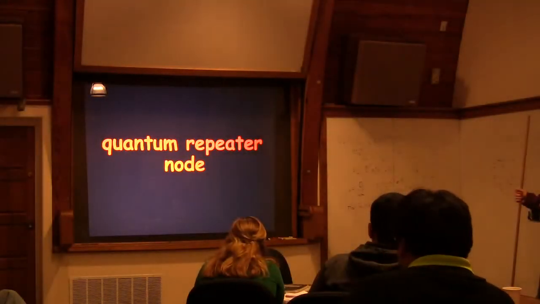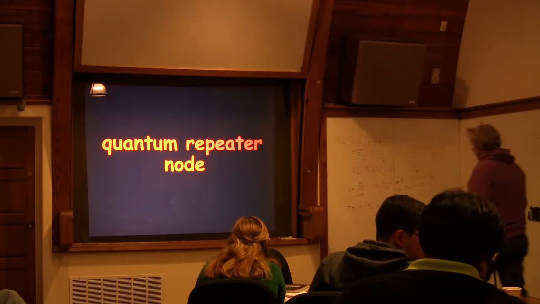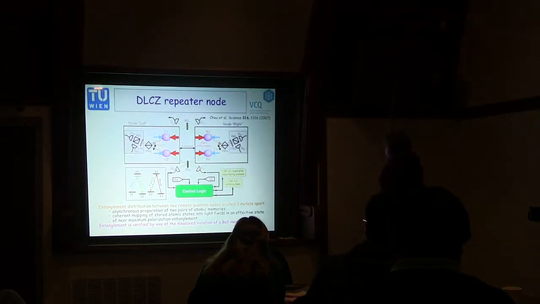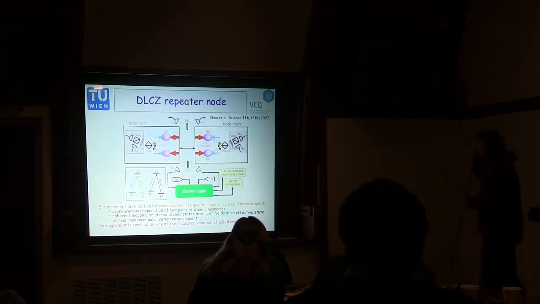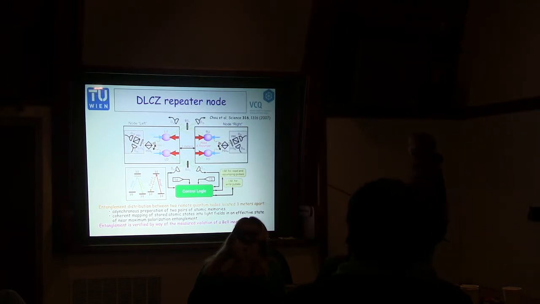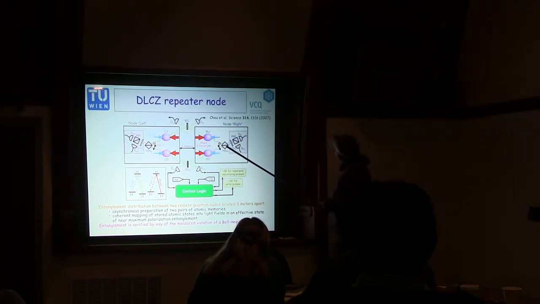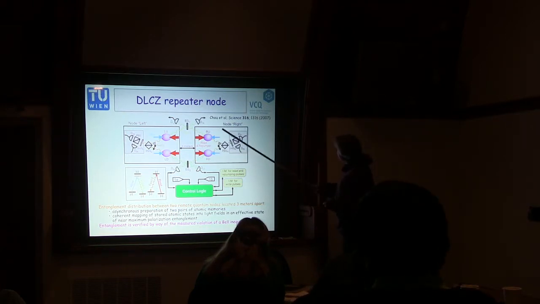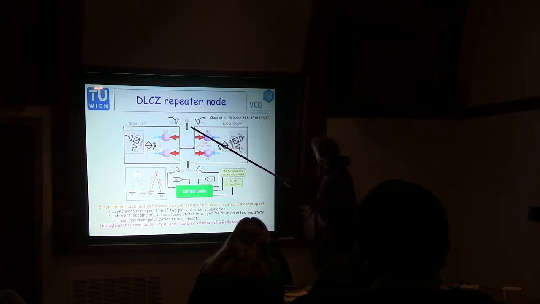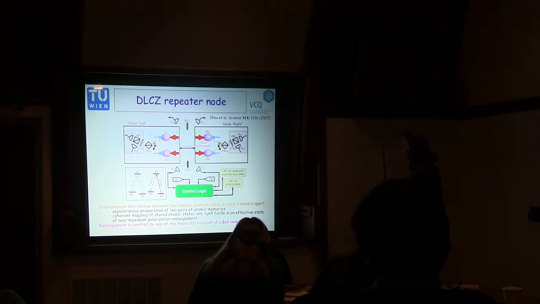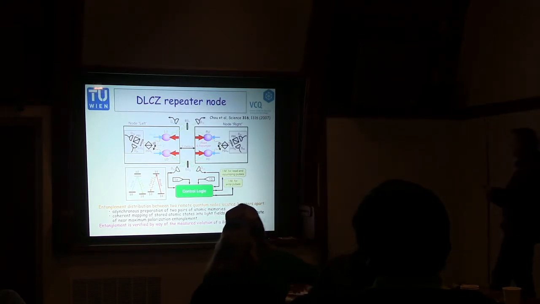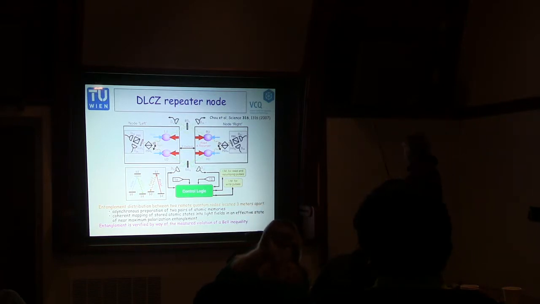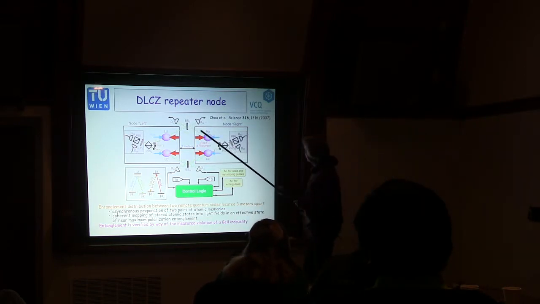So, can we implement a quantum repeater node? There's one experiment by Jeff Kimble, who implemented the original DLCZ repeater node, where he had two atomic ensembles which were the qubit, and sent in weak pulses, and by entangling these two by detecting only one photon, he could do one step of a repeater node from Peter Zoller's idea.